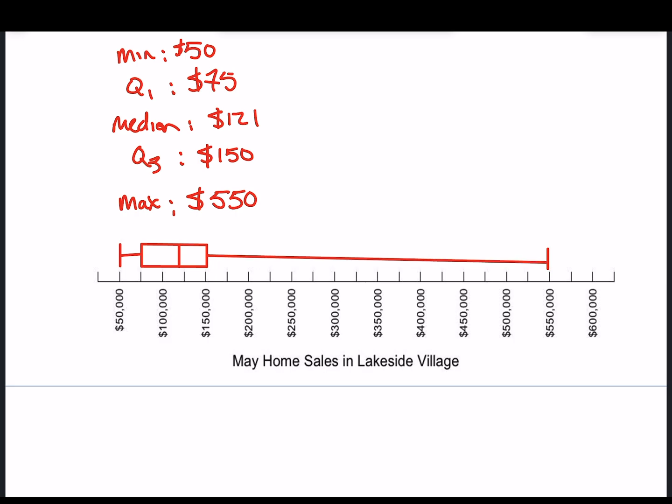We'll redraw that. Okay, and that is our box and whiskers plot. So we have the minimum right there. That's the minimum. Oops, sorry, that's Q1.